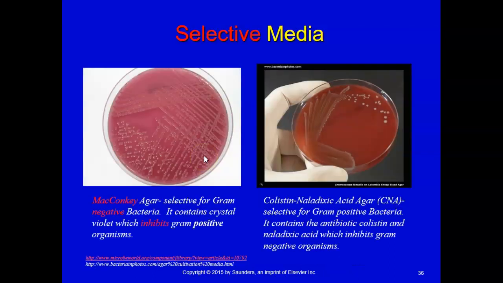Now, selective media contain additives that inhibit the growth of some bacteria while they allow others to grow. For example, MacConkey agar, which will support the growth of gram-negative bacteria, inhibits the growth of gram-positive.